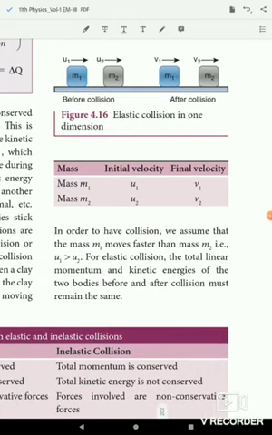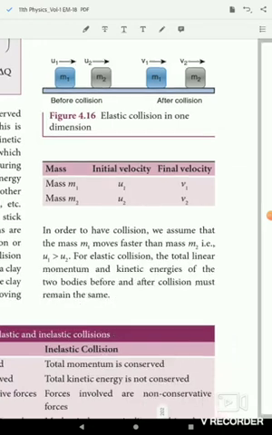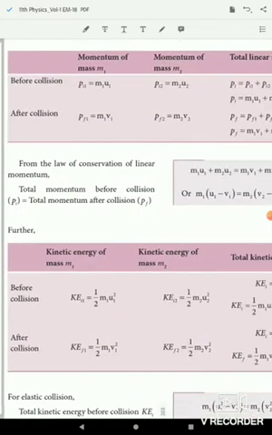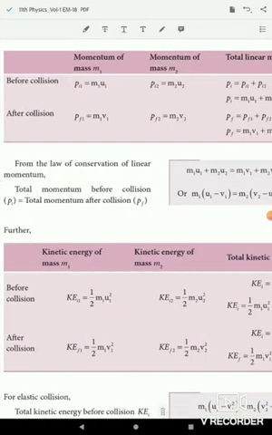This m1 moves faster than the mass m2, that is u1 is greater than u2. For elastic collision, the total linear momentum and kinetic energies of the two bodies before and after collision must remain the same. So, write the momentum of mass.